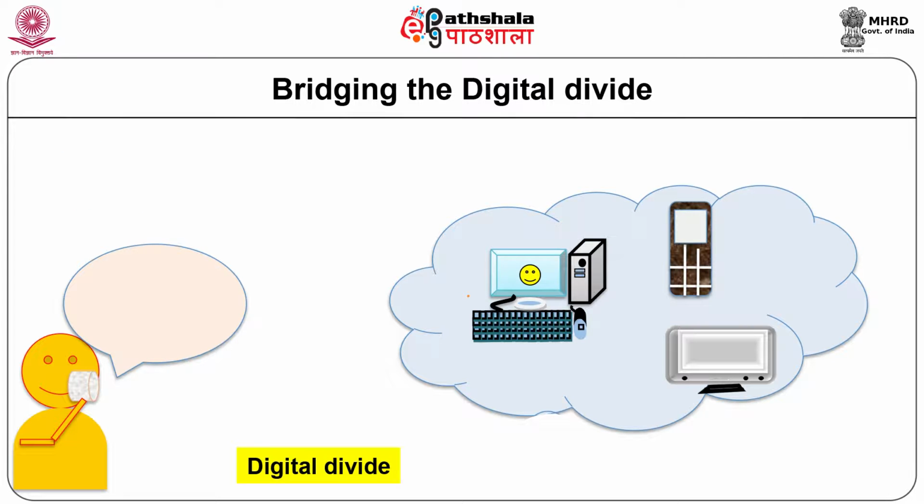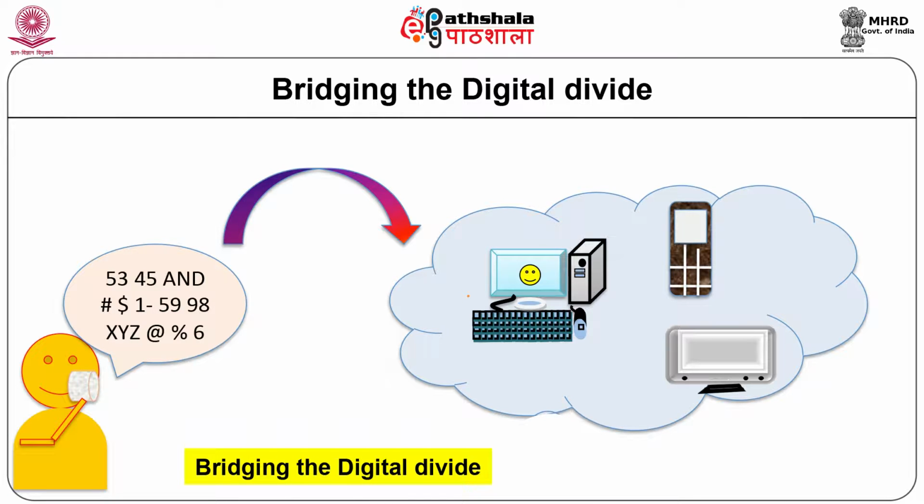Human being prefers some language and numbers for information exchange, whereas the modern digital world works only on binary for information interchange. There is a clear problem of digital divide. Let us understand how do we handle the problem of bridging the digital divide. Let us now find a solution to it.